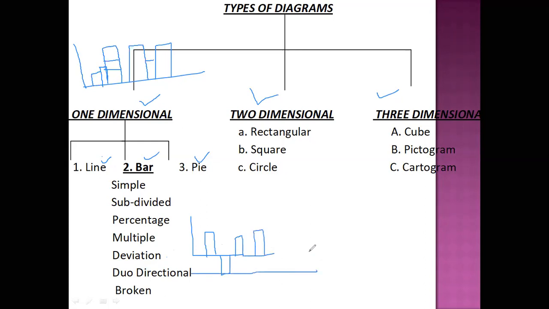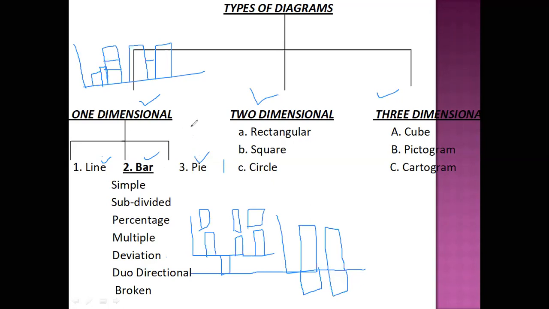Duodirectional will be like this. Two sides directions will be there. Broken bar diagram will be like this. There will be break in bars. These are the 7 kinds of bar diagrams that you have learnt.